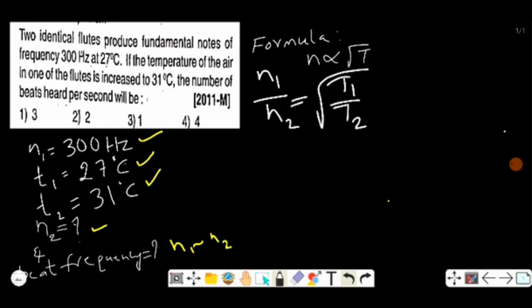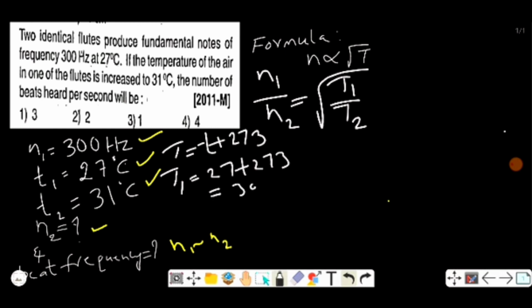This is Celsius, the capital T is the Kelvin. We know capital T is equal to small t plus 273. Therefore, T1 is equal to 27 plus 273, which is equal to 300 Kelvin.